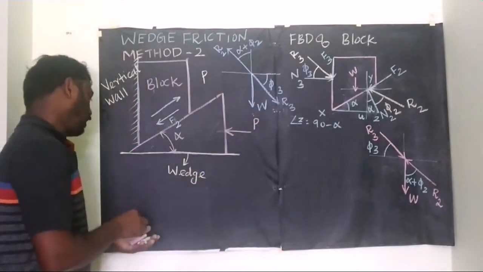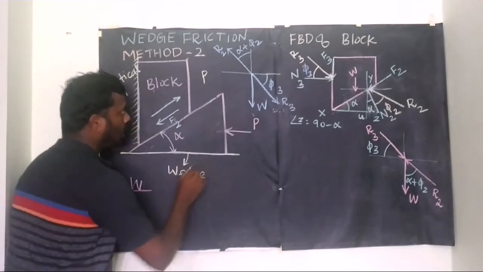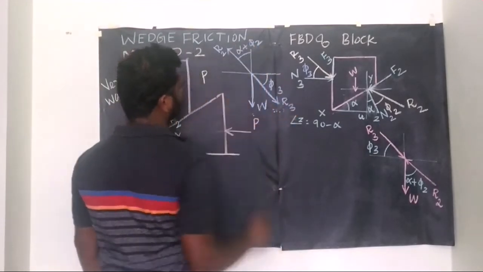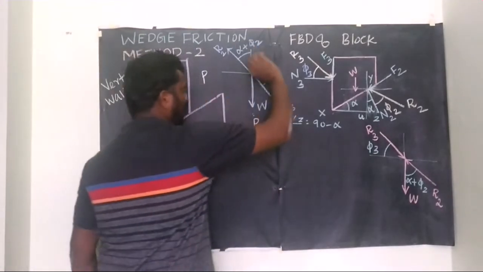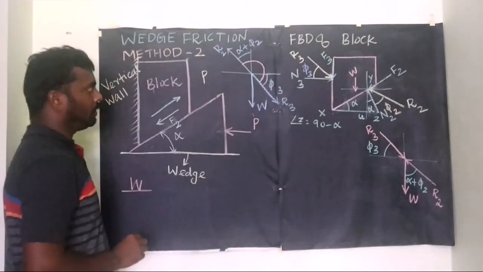So apply Lami's theorem. W over sine of its opposite angle. This angle is opposite to the self weight of the heavy block.